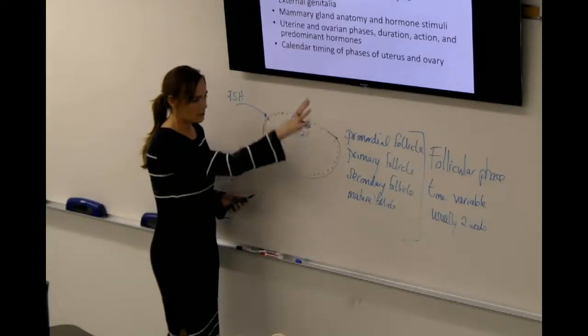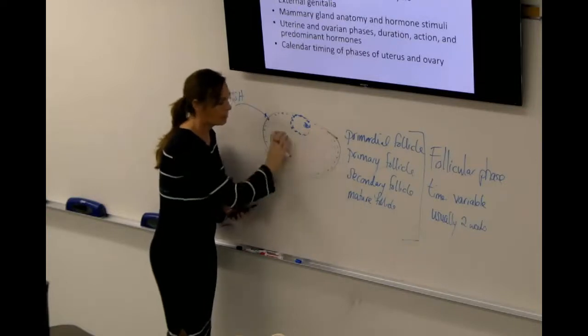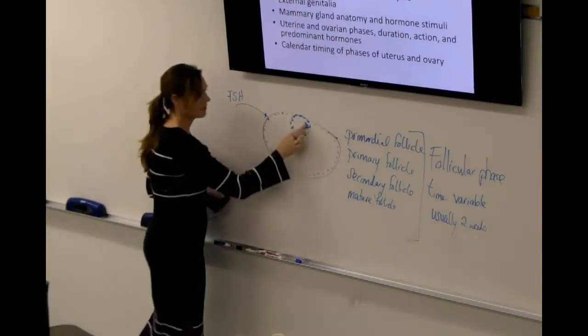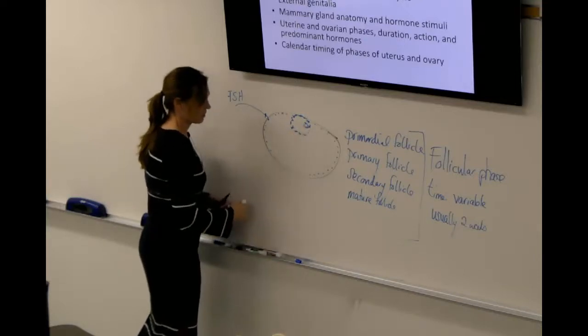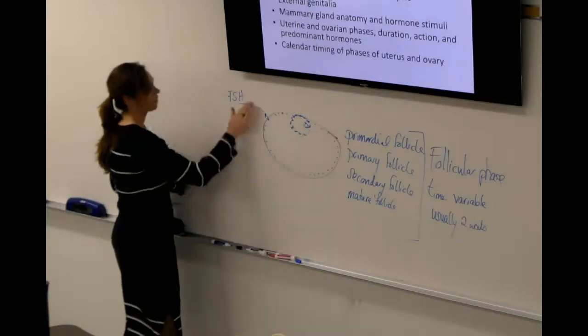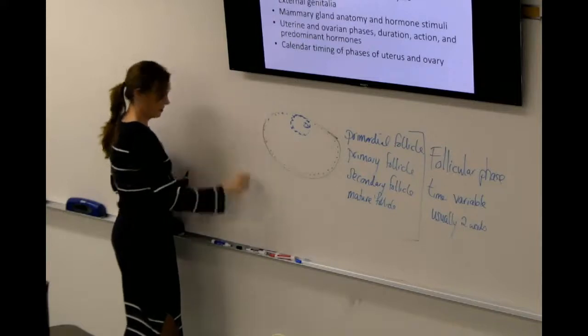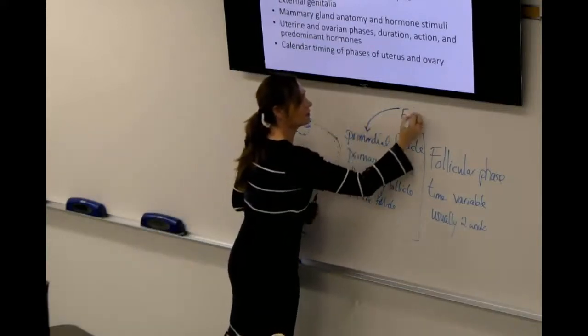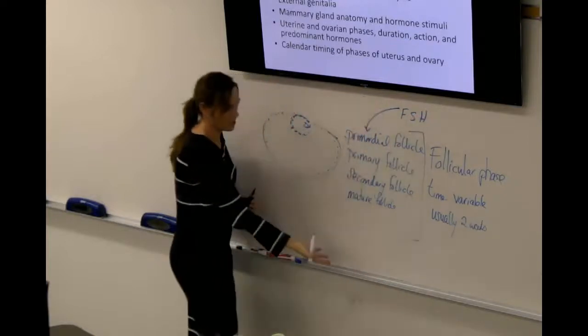So once you create this, you're developing a follicle. I'm just going to make the egg, well, no, it's blue. I will put follicle stimulating hormone is going to initiate this process.